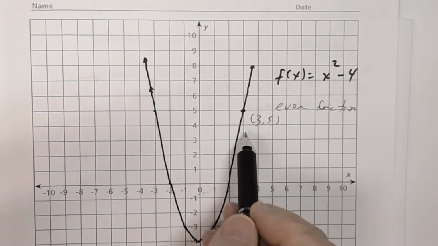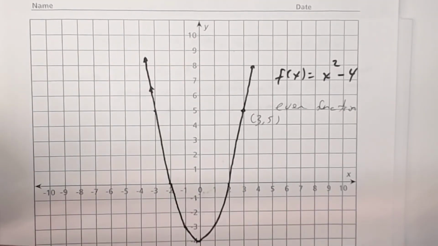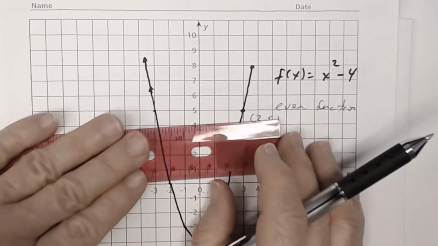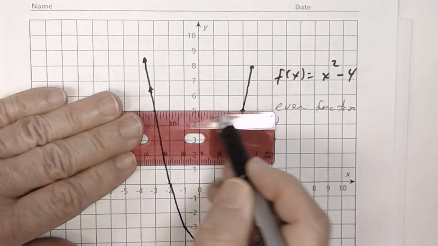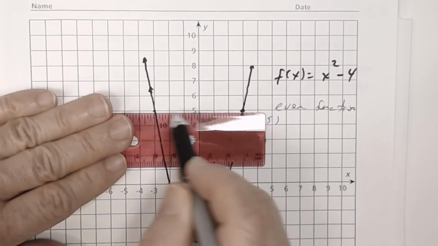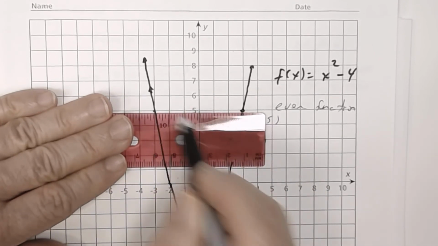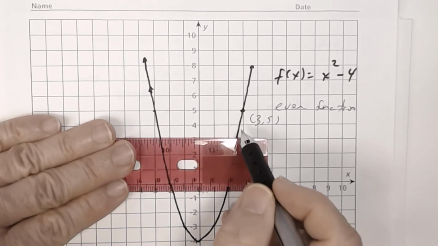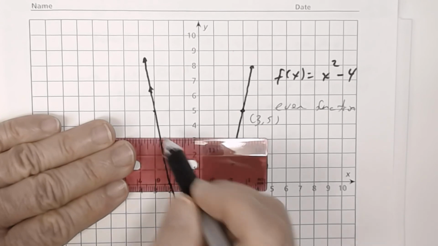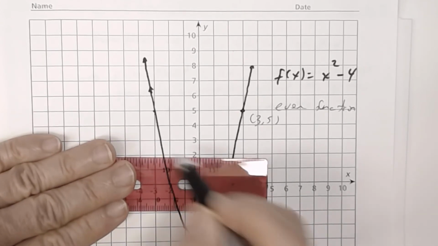When we talk about y-axis symmetry, this distance right here from the y-axis to this point is the same as that distance. It doesn't matter which point you look at on the parabola, this distance is the same as that distance.